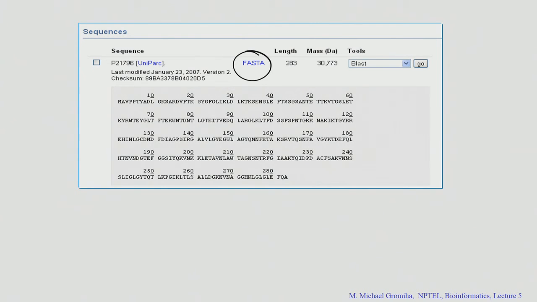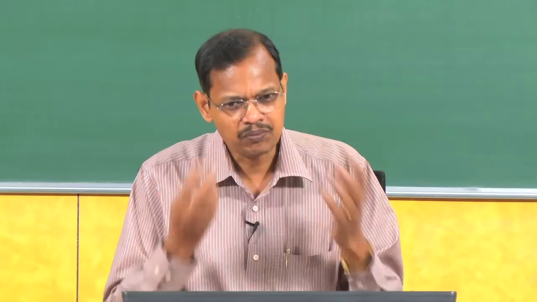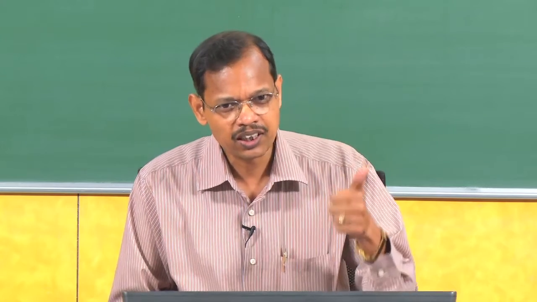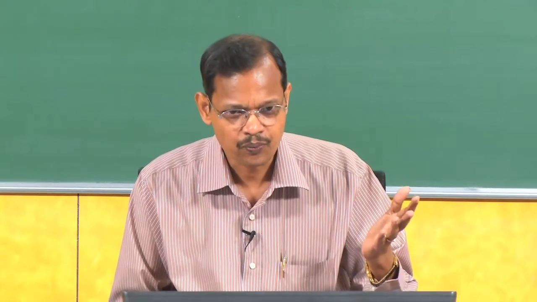Now, in UniProt, you can obtain information from different perspectives. For example, if you are interested in a particular protein, you can get the information. If you want information regarding post-translational modification sites, you can give the codes and get all the post-translational modification sites.